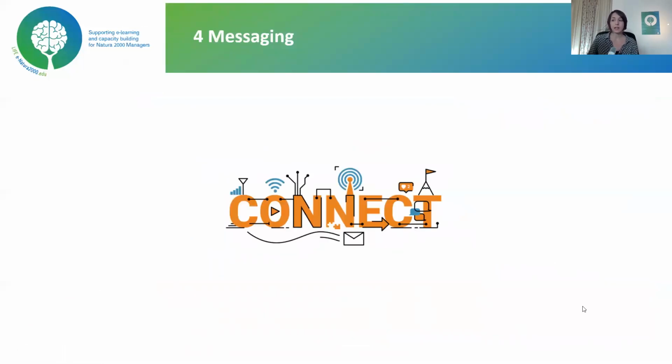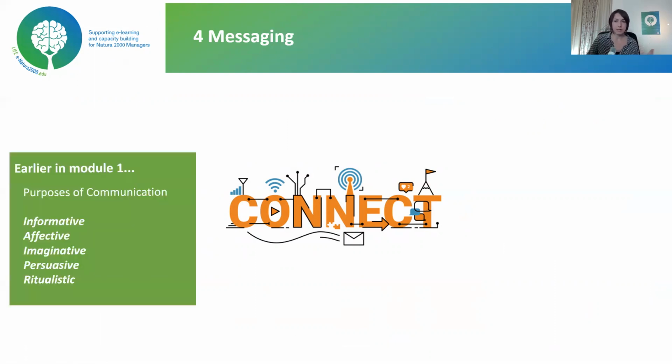So we need to connect, right? We need to connect people with the messages that we want them to learn. Having said this, in module 1, remember the purposes of communication: informative, effective, imaginative, persuasive, ritualistic. It doesn't mean that one audience can only have one of these types of information. In the end, they are all a mix match.